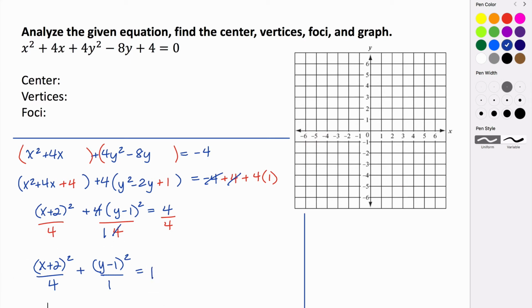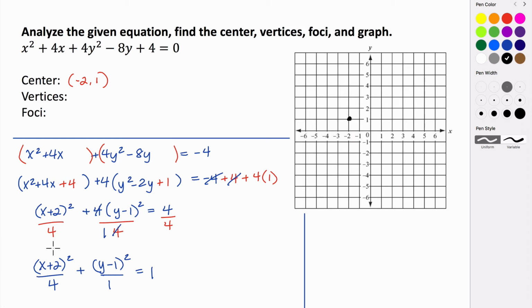So now this is our standard form equation, and we can start to try and find the center, vertices, and foci. Let's find our center first. The x-coordinate, remember, is just the opposite of this, so it's -2. And the y-coordinate is the opposite of this, which is 1. So we have a center at -2, 1.